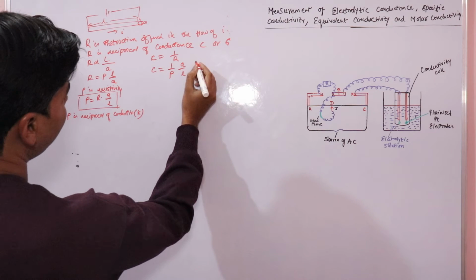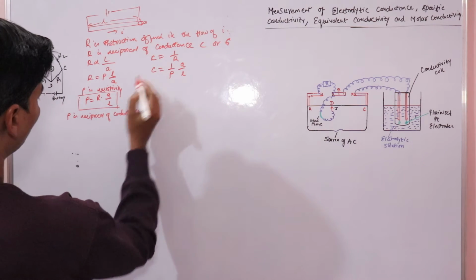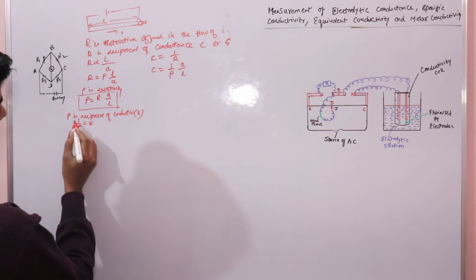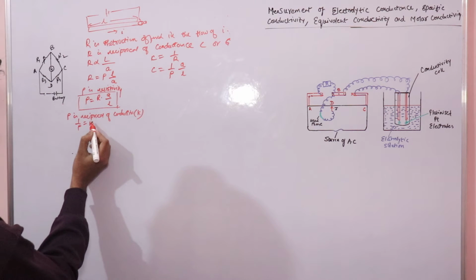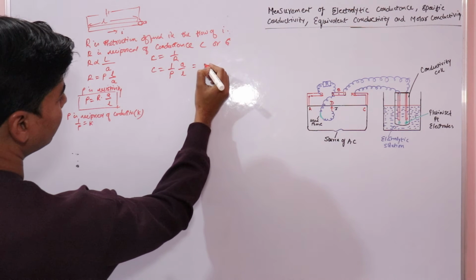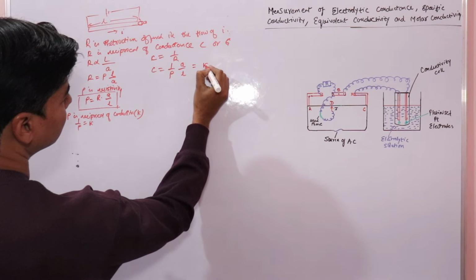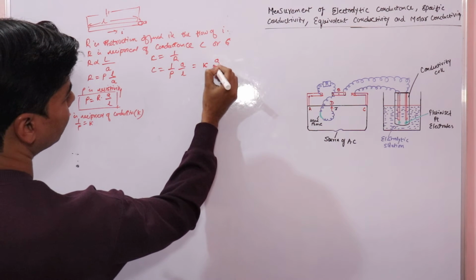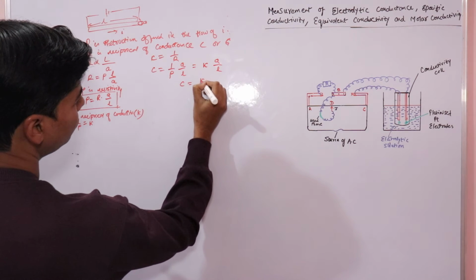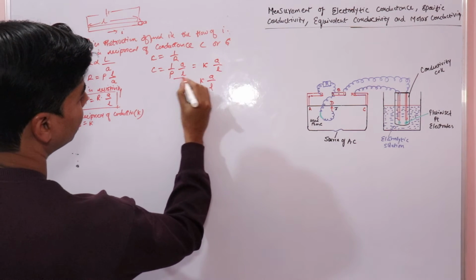So 1 upon rho is equal to kappa, which is conductivity. Instead of 1 upon rho, I can write conductivity, so conductance is equal to kappa A upon L.